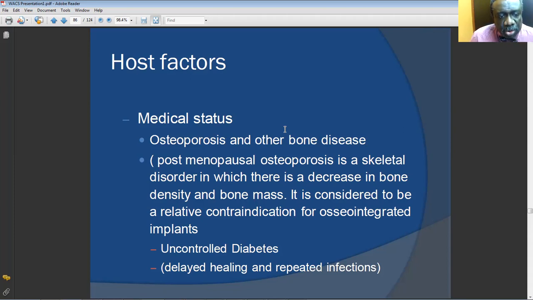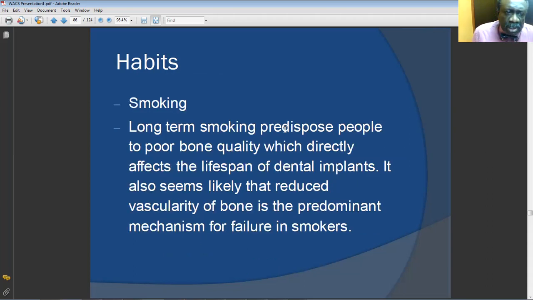And uncontrolled diabetes is also a host factor as it causes delayed healing and repeated infection. Smoking habits can lead to failure of implant, and long-term smoking predisposes the patient to poor bone quality, which directly affects the lifespan of the dental implant.